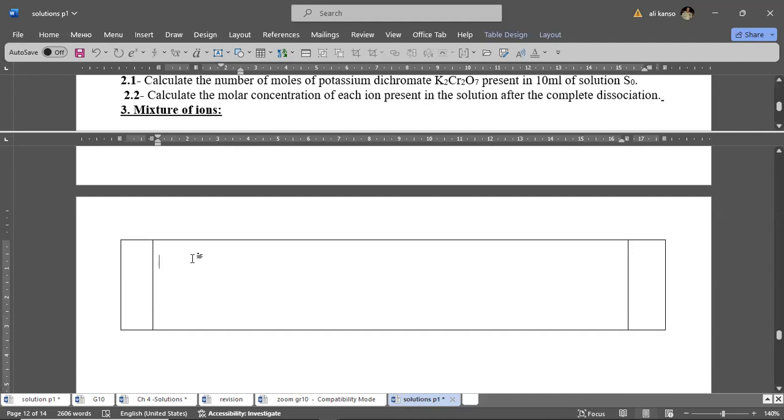What is this method? K2Cr2O7, when it ionizes in water, gives 2K plus and Cr2O7 2 minus.